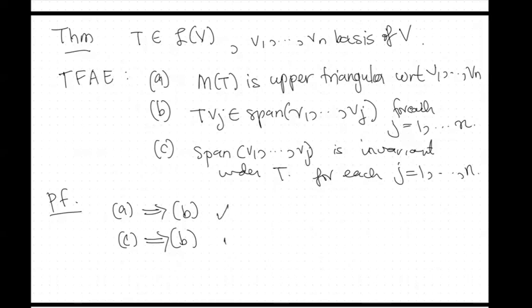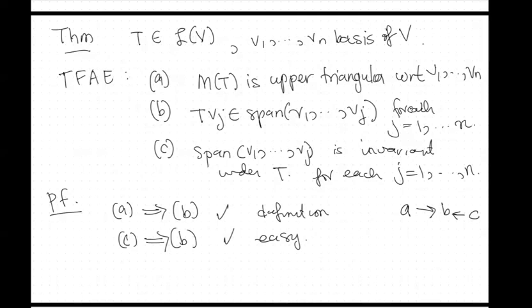This is easy by definition. So let us draw this: A implies B, and then we have C implies B.